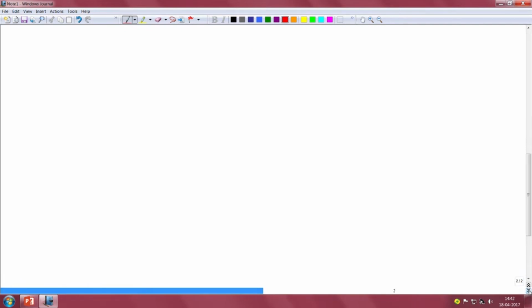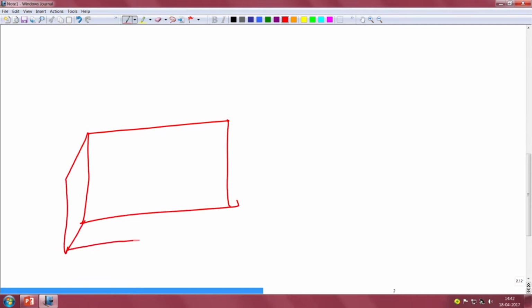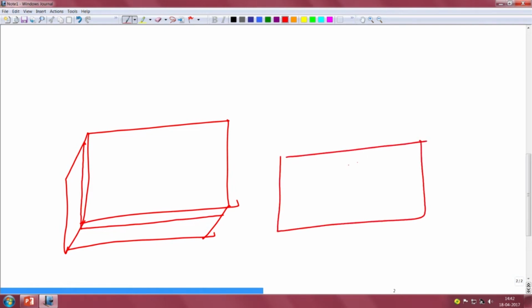Suppose you create the whole surface of a substrate. Suppose you take a glass slide and make the whole of the top surface as the waveguide, then this is called the slab waveguide. Substrate, guide and cover.